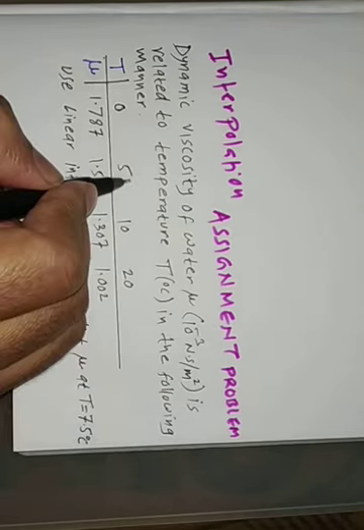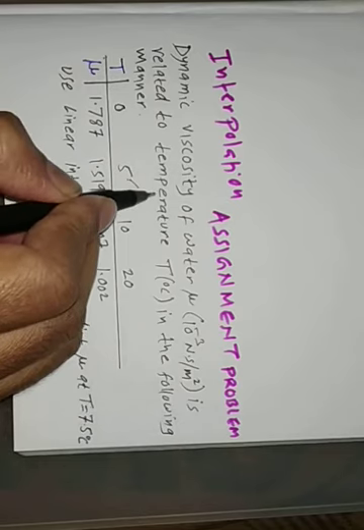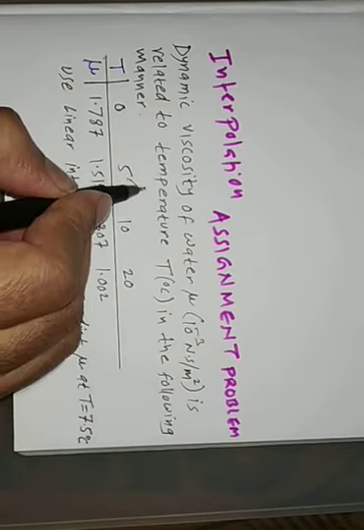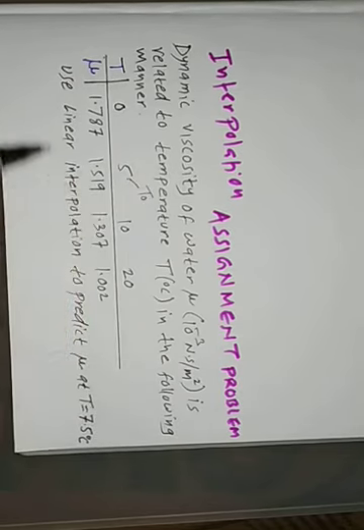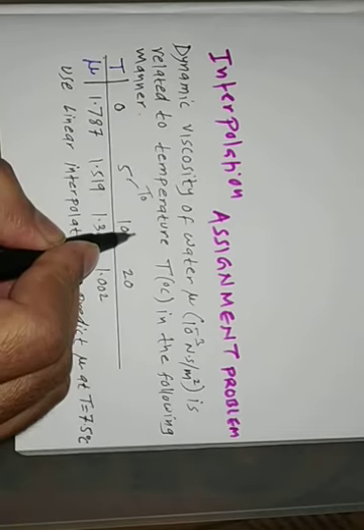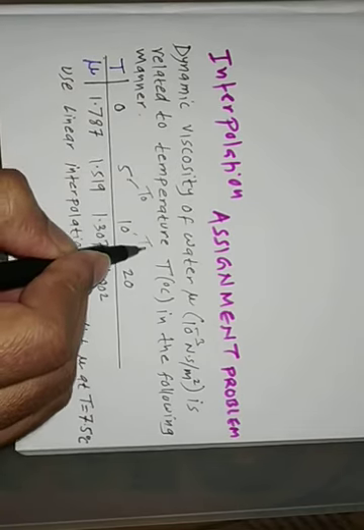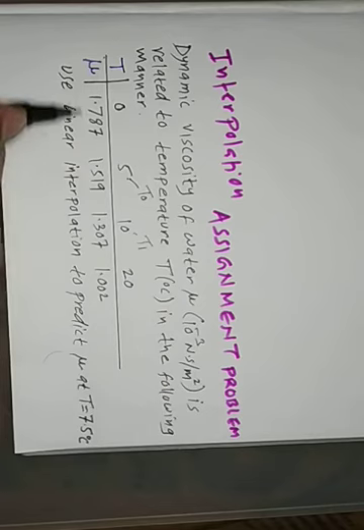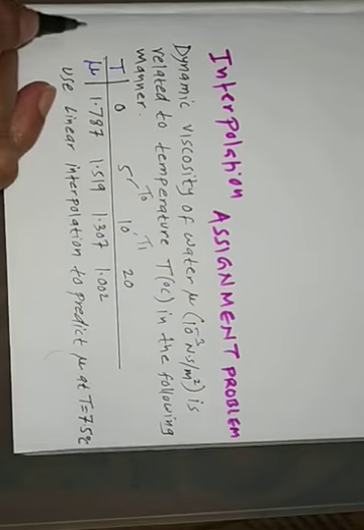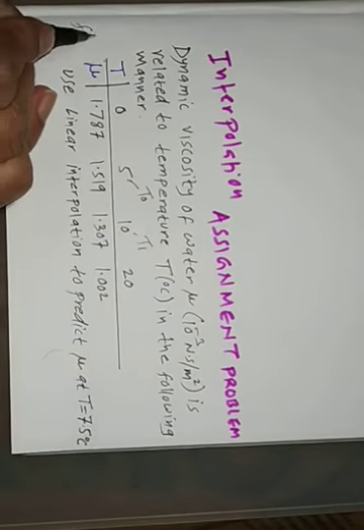So 5 is our x0, x0 meaning T0 here, and 10 will be T1, and mu is f of t here.